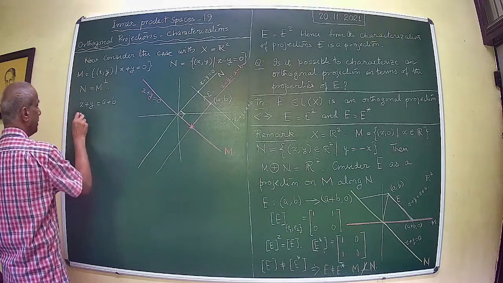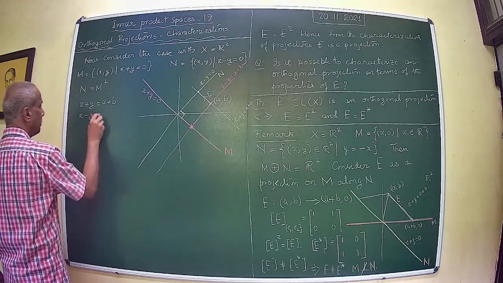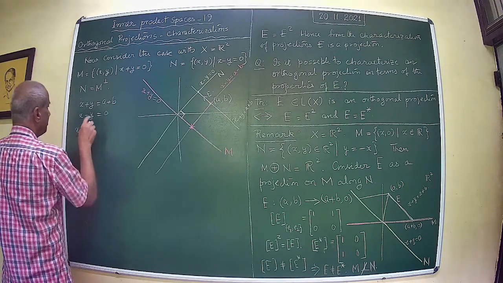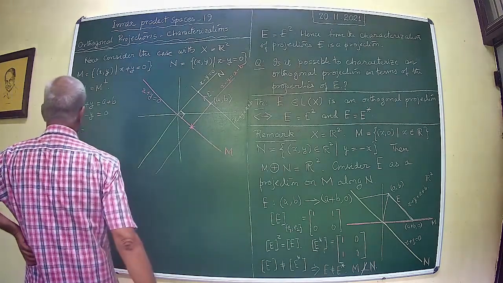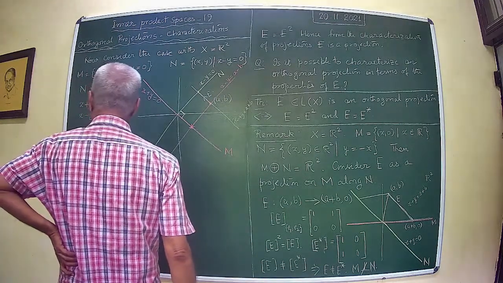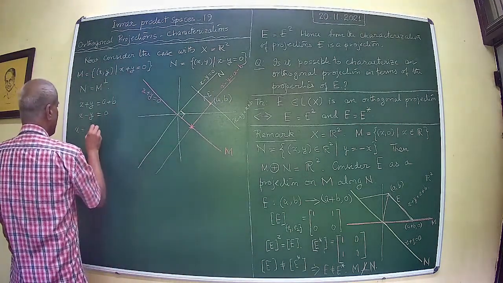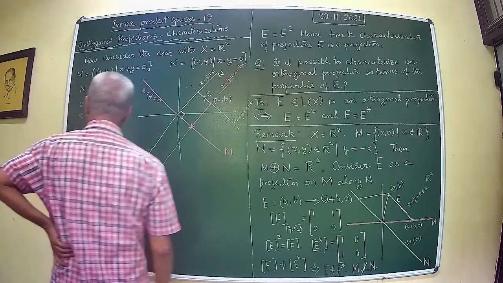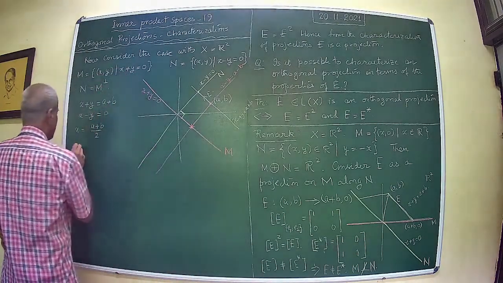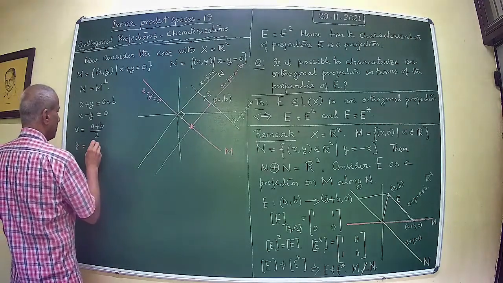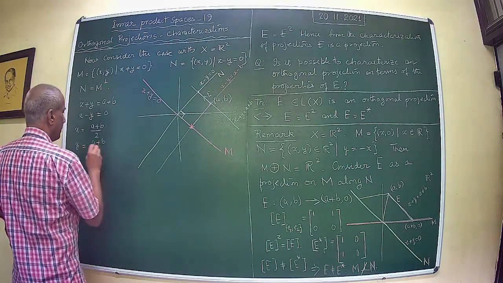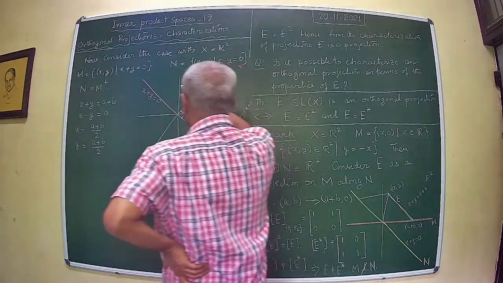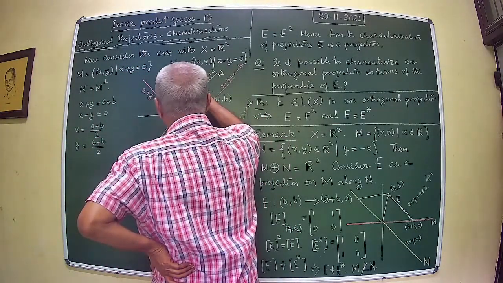And then you get x equal to y, so x is equal to a plus b by 2, and then y is also equal to a plus b by 2. So this point has coordinates a plus b by 2.